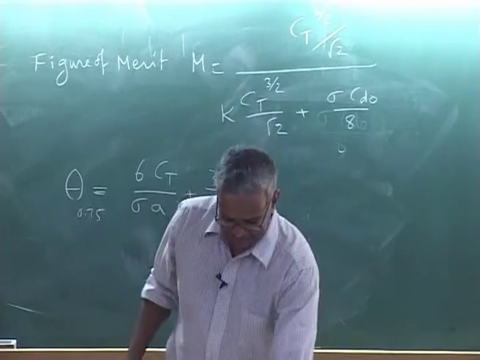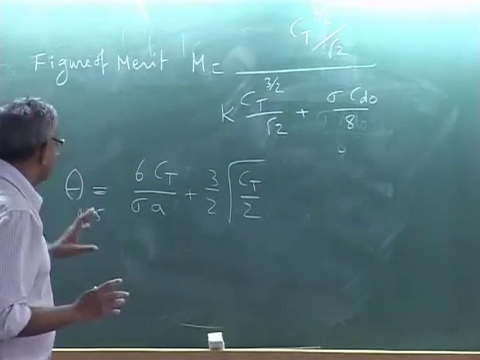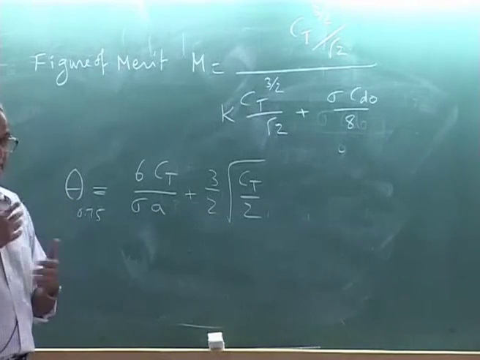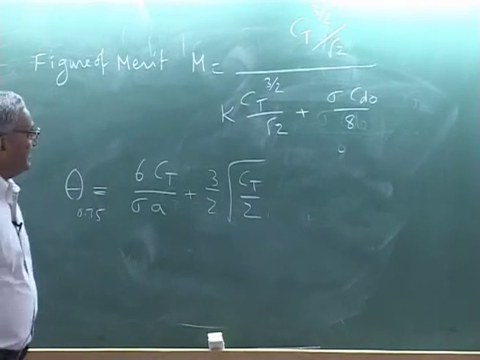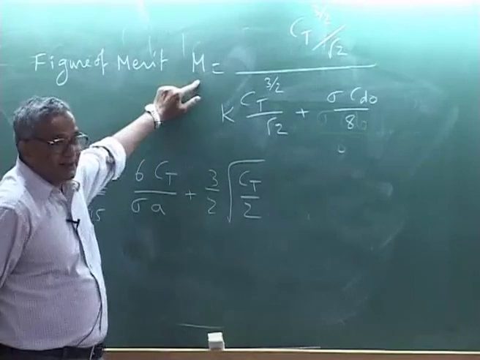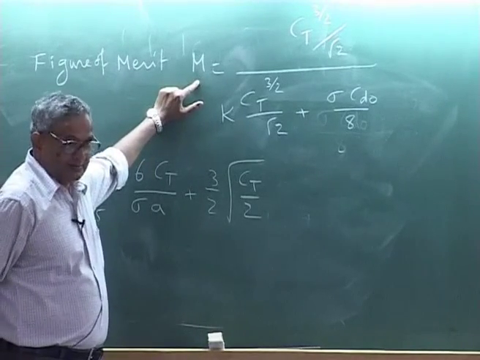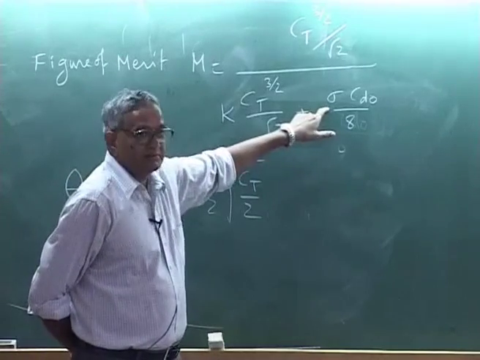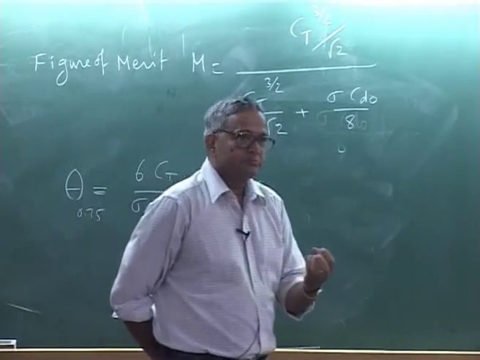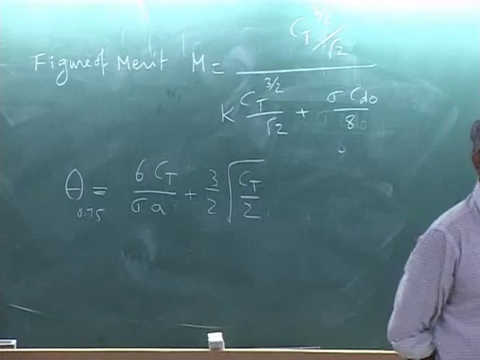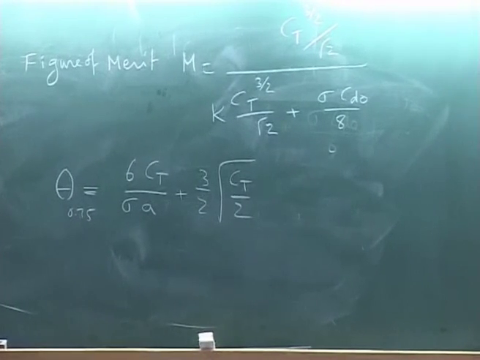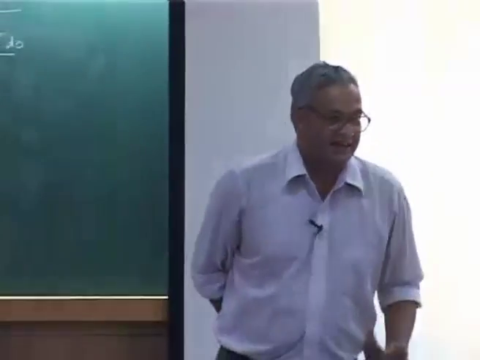Now, let us look at the kind of paradox or contradiction which you get. If I want a high figure of merit, with the same Ct fixed, that means sigma must be small, the solidity ratio, that means N c, the blade area over the disc area.